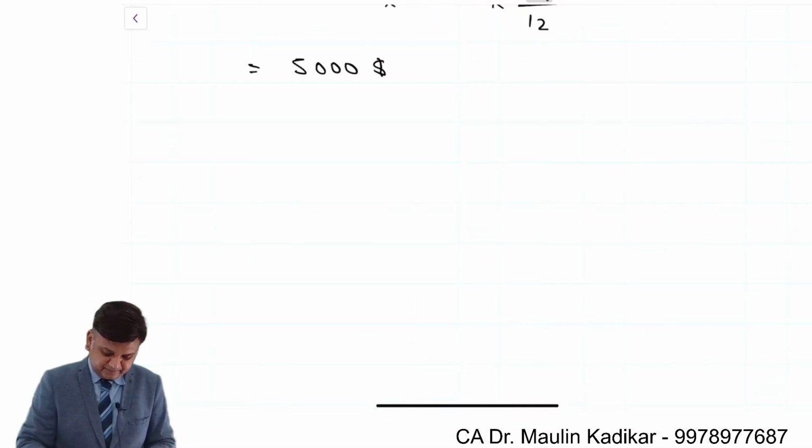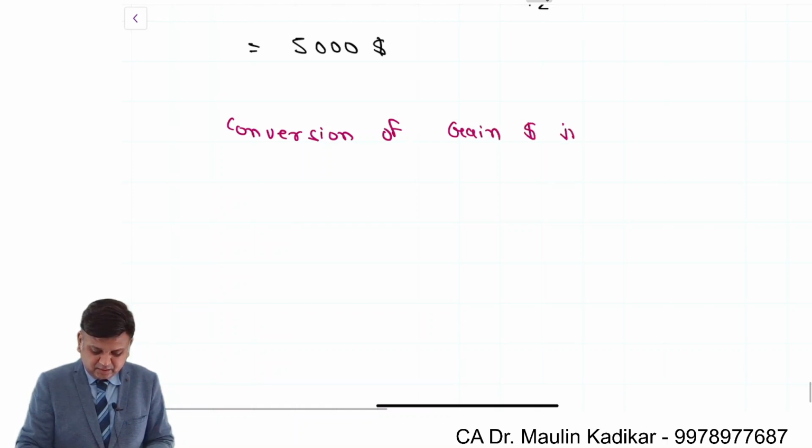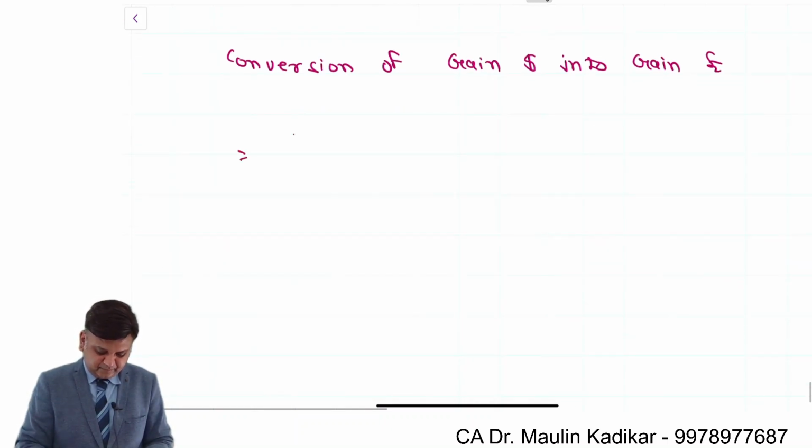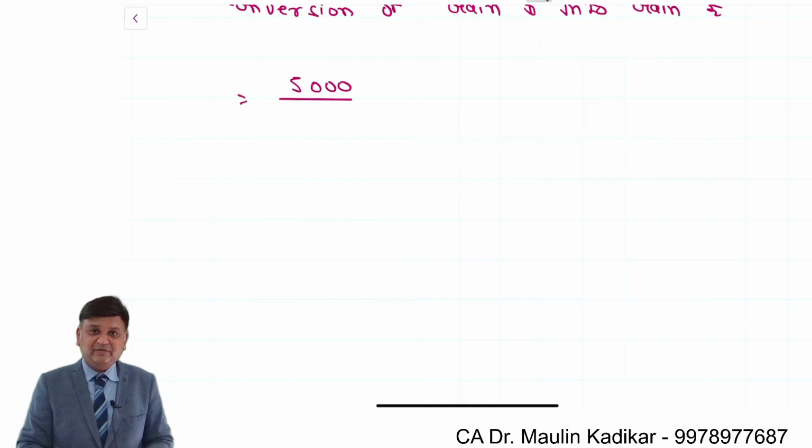So now, conversion of gain in dollar into gain in pound. So it is 5,000 divided by 1.5475.